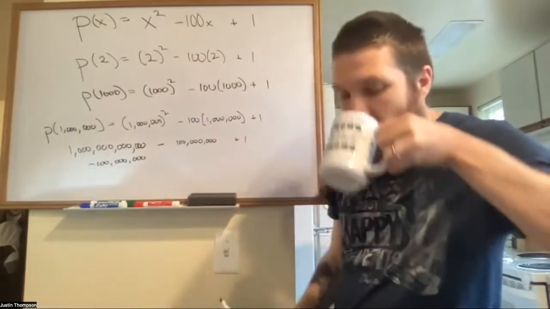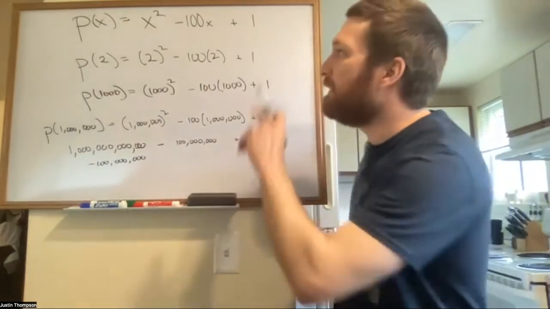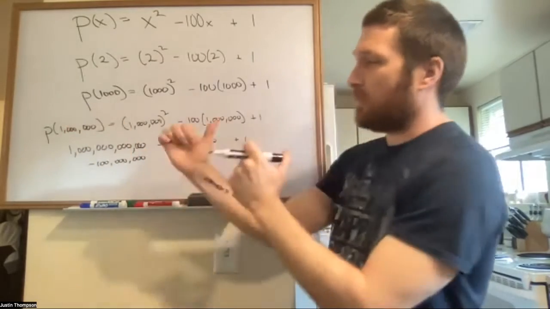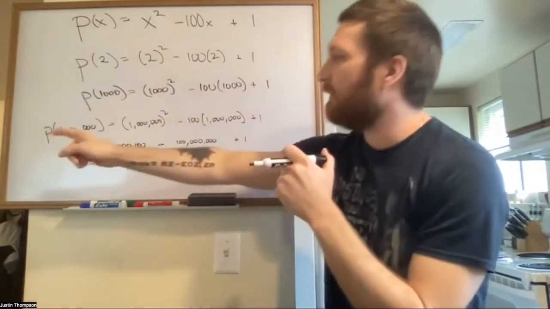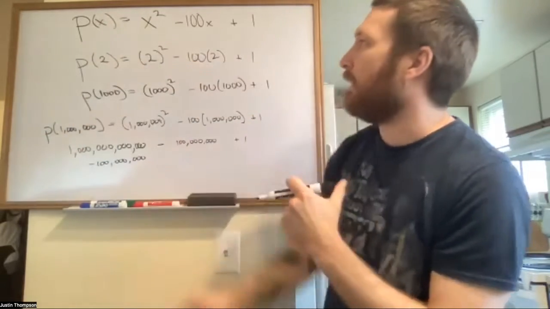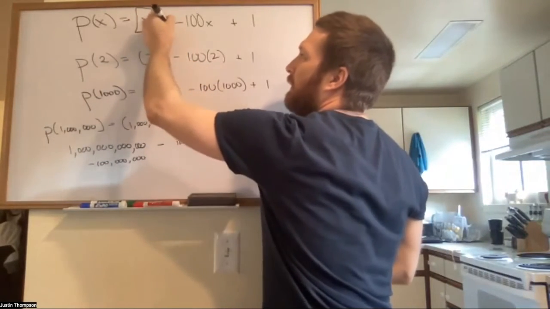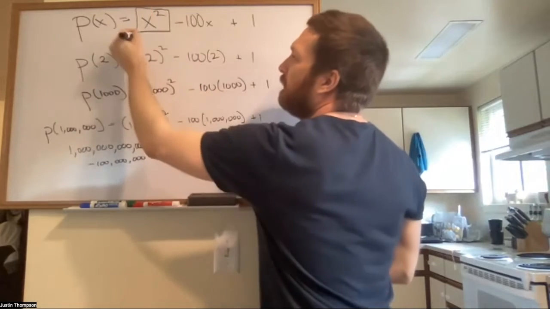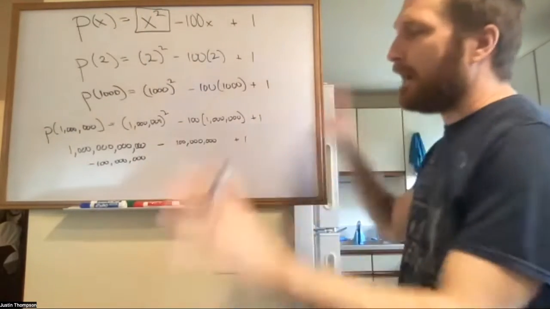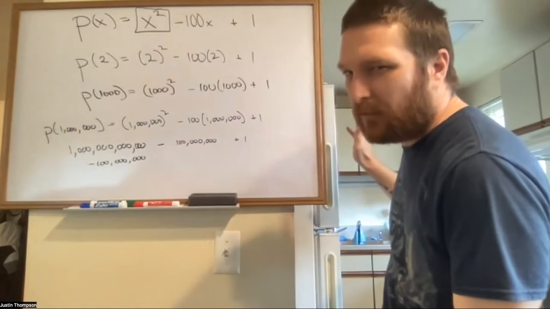And that is that as the input gets bigger and bigger in either direction, either in the positive direction or the negative direction, the highest order term of the polynomial dominates the entire polynomial. Any questions with that? Are you following what I'm saying here?